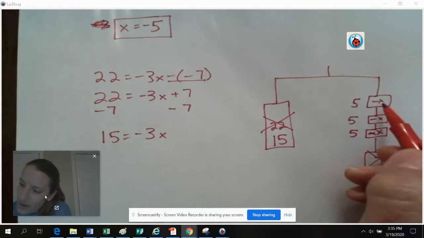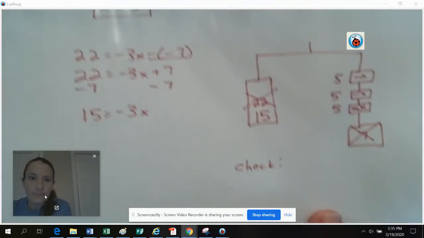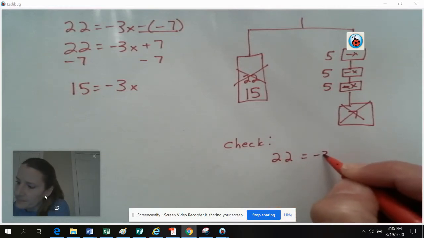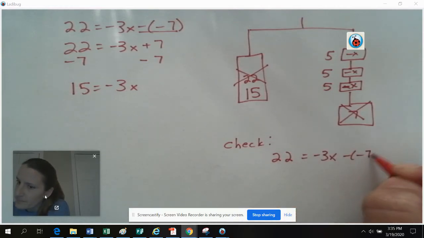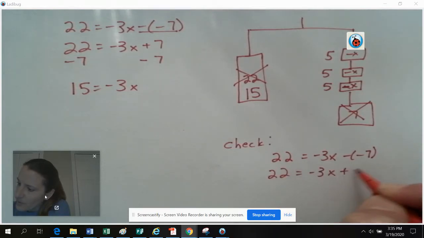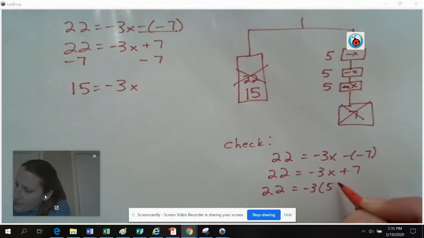But I don't believe x equals 5 is correct. Let me check that real quick. So we've got our original equation. Rewrite it as plus 7. So let's substitute 5 in for x.